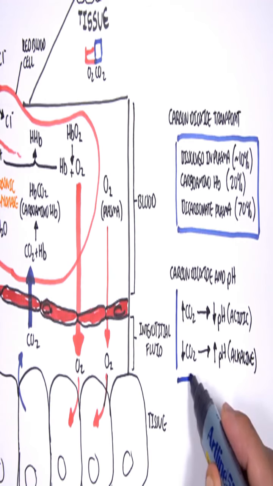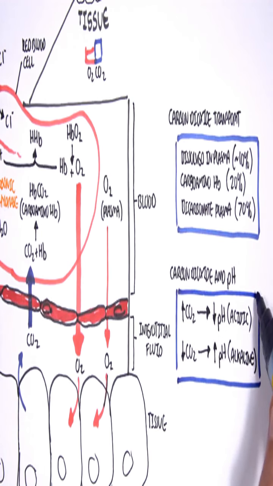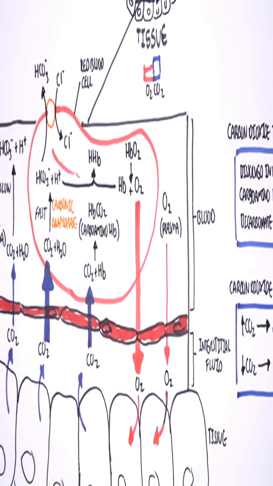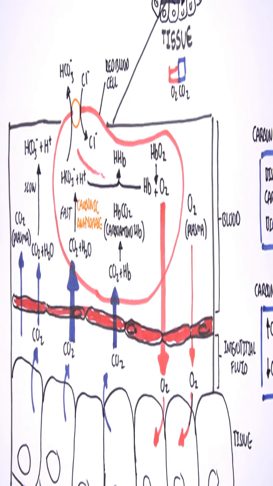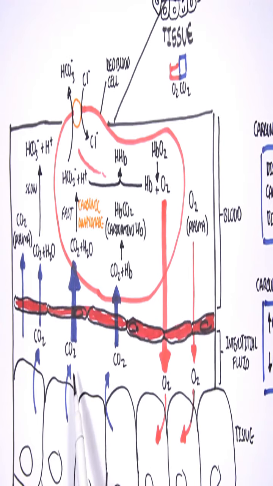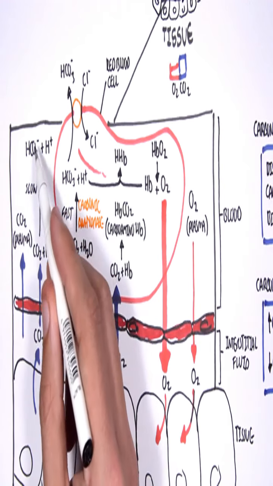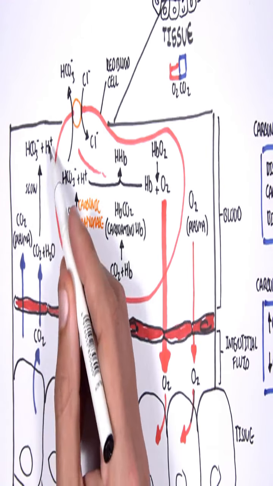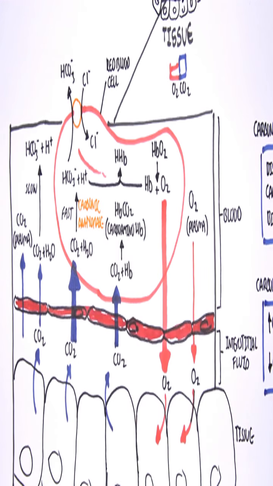Why is this? Well, first of all, let's just pretend that we have more carbon dioxide. If we have more carbon dioxide, this will shift the reaction to form more bicarbonate and hydrogen ions. If we have more hydrogen ions, this just means that it will be more acidic.